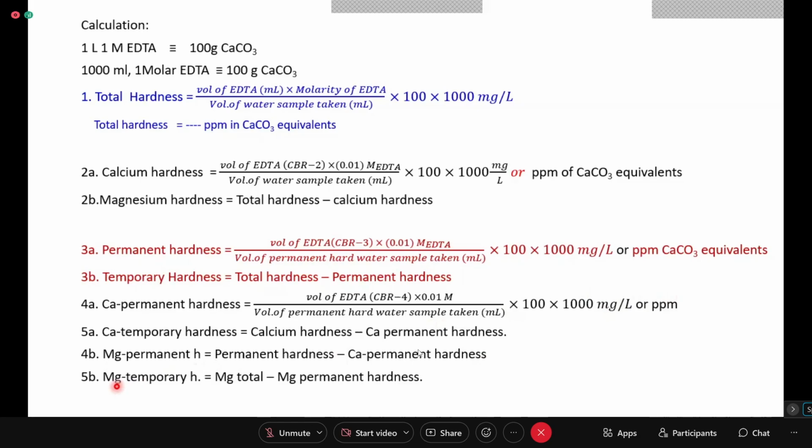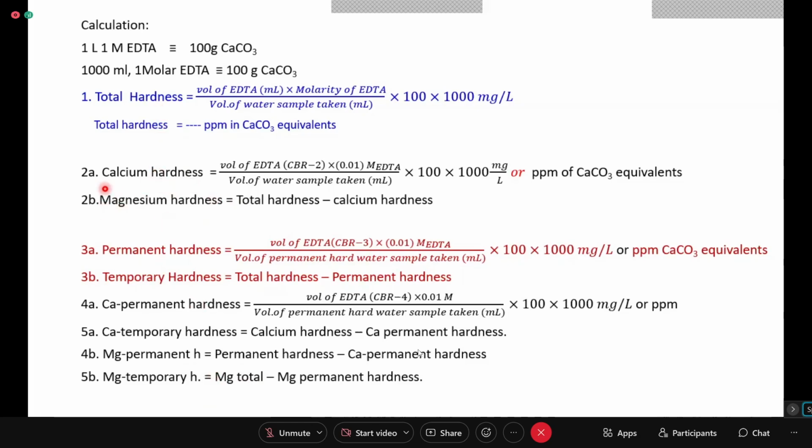And then what is obtained totally from the calculated values is magnesium temporary hardness. So magnesium temporary hardness can be obtained from magnesium total hardness. Now magnesium total hardness is also obtained from the calculation. It is not titrated and determined. It is total minus calcium, you get the magnesium hardness.